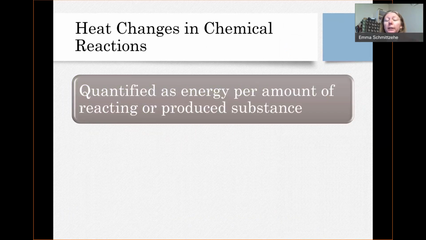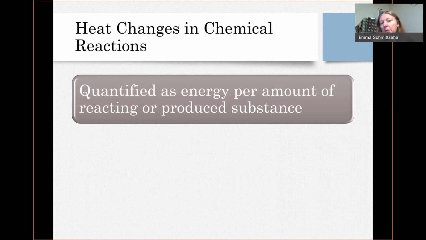Now, very often, if it is quantified for a reaction, they typically would quantify it in terms of an energy per amount of either a reacting substance or a substance that's being produced. And so it's scaled on a per amount basis. That way, that information can be applied to any amount of stuff that you want to react or any amount of stuff that you want to produce.